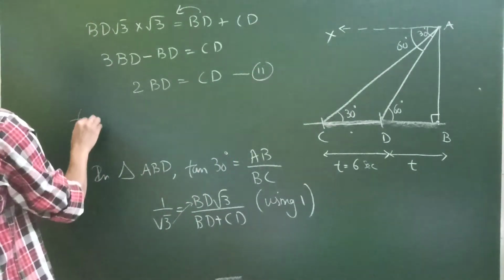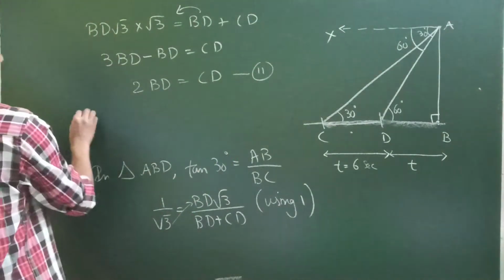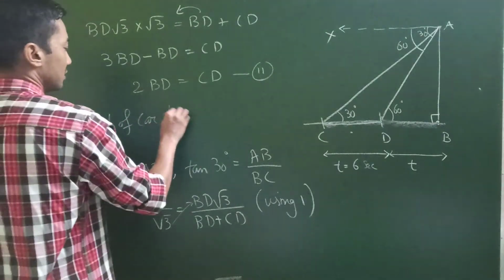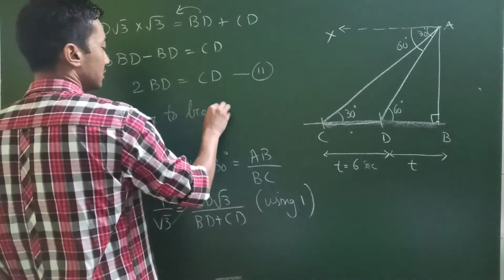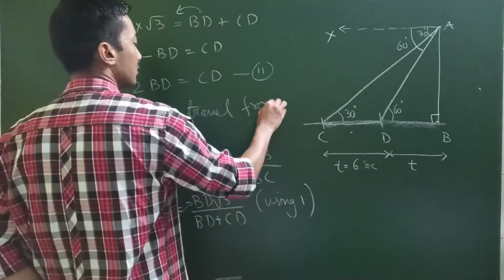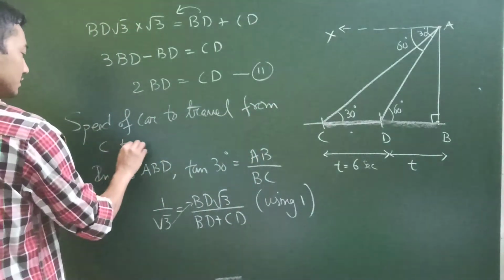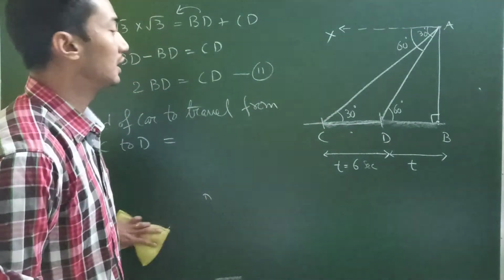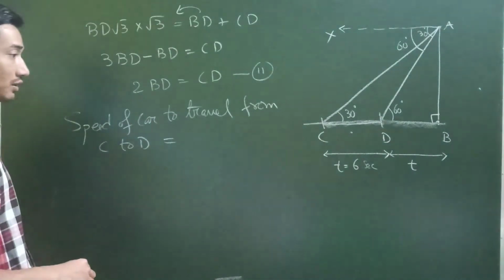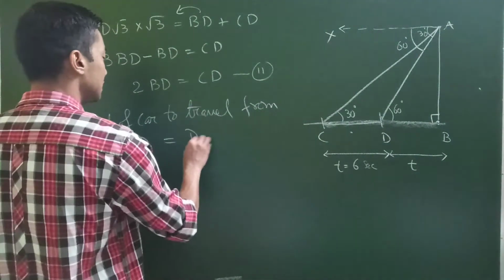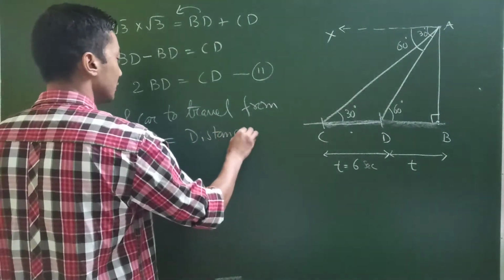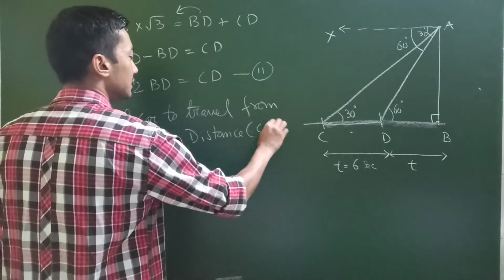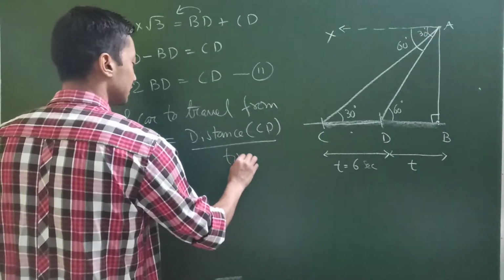So speed of the car to travel from C to D will be equal to what? It will be distance CD upon time.